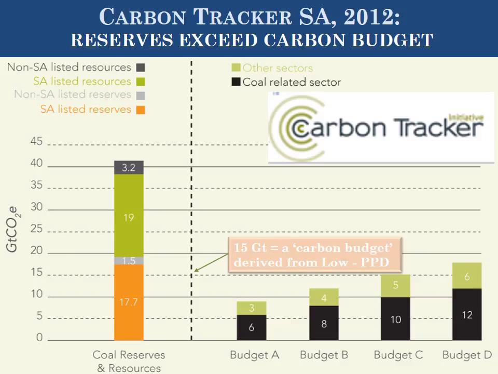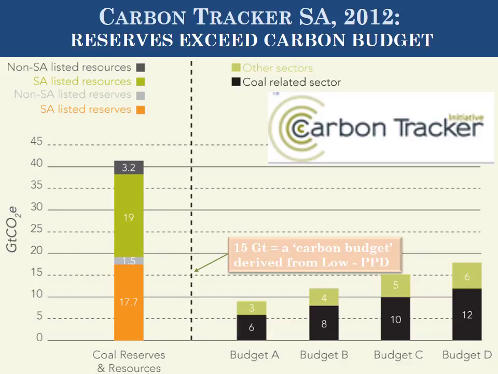A report published in 2012 reviewed the carbon content of South Africa's identified coal reserves and resources, i.e. emissions that would result if it is burned, shown in the column on the left. The potential emissions from coal already listed as reserves on the stock exchange would be greater than the total emissions of the mid-PPD pathway at just over 19 gigatons.